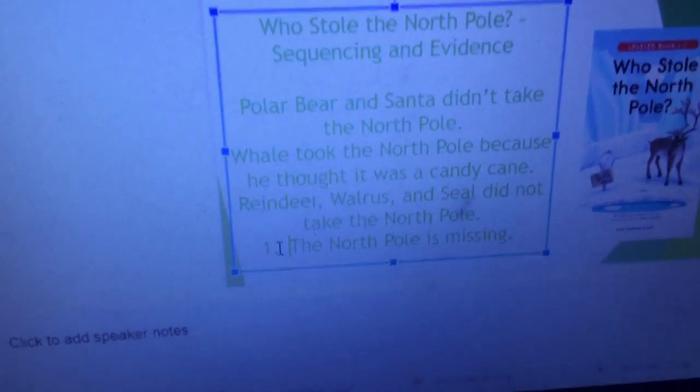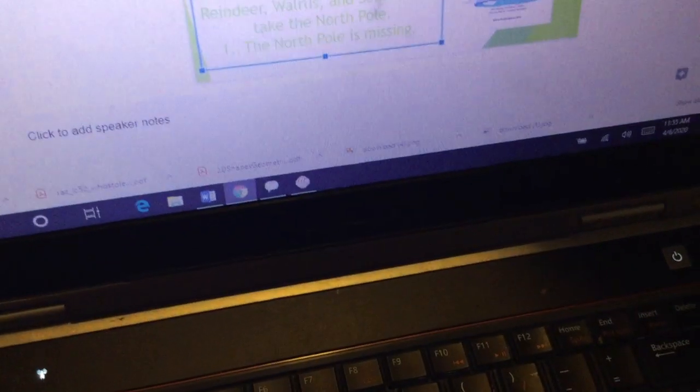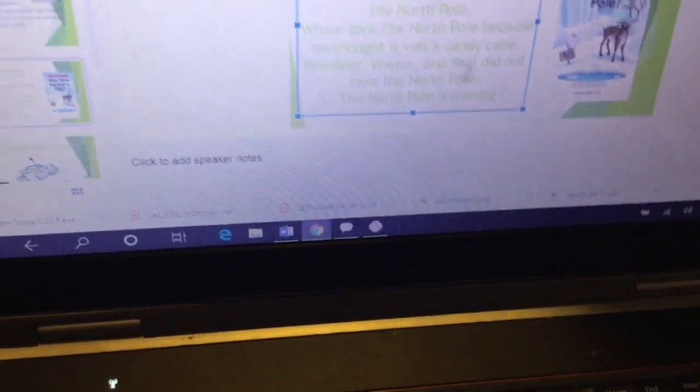I think that was also on our chart. Where on here did they talk about Polar Bear and Santa? That's right, the very first line right here talked about Polar Bear and Santa. So that must come next in our story. So we're going to put a little 2 next to that sentence.